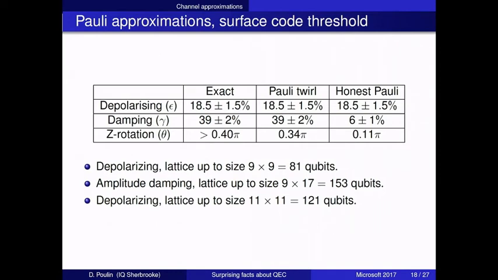It's about 18%. For amplitude damping, the exact threshold that we found using this scheme is about 39%. That's extremely high. The Pauli twirl gave the same result. The honest Pauli was much, much more pessimistic, about 6%. And the z rotation is just weird. The exact simulations don't show a threshold. It's just weird, so I don't know what to think about this.